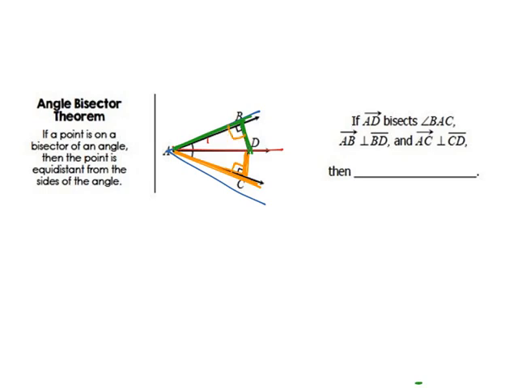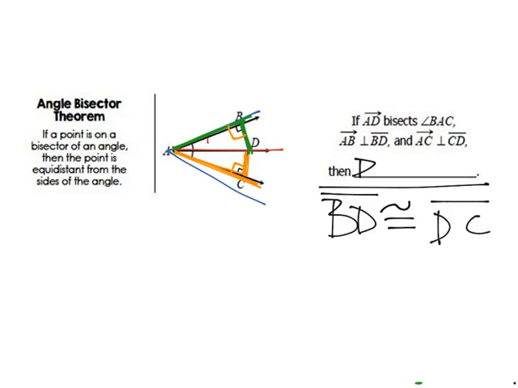So if that's the case, then we would say BD is congruent to DC. I'm going to write it down here, it's a little easier for me to write.